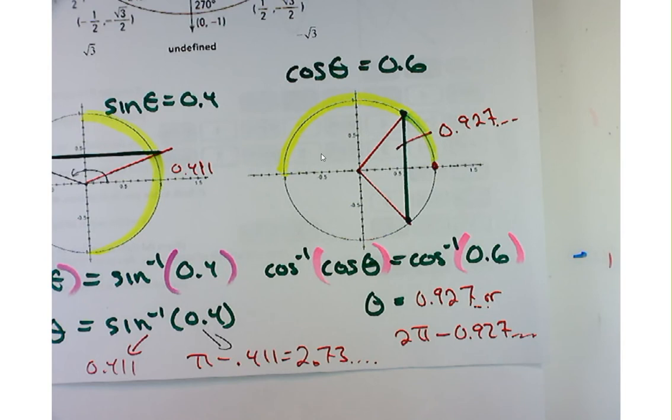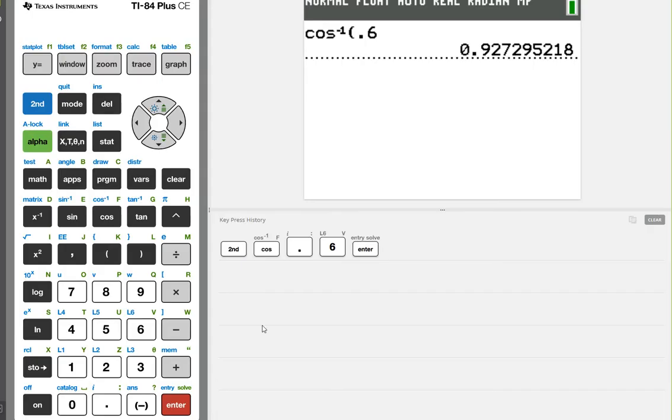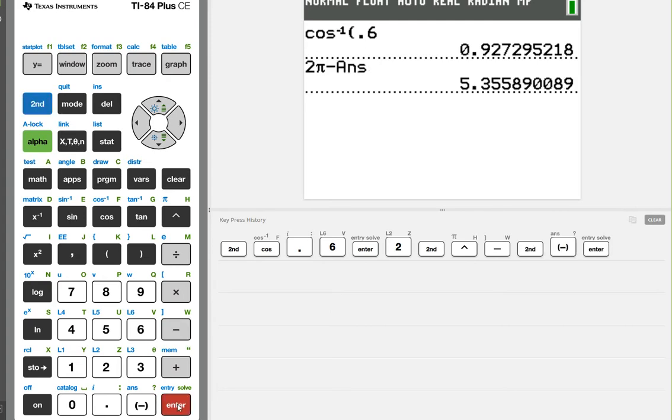I think for the homework, you're probably going to end up putting in the decimal. So what you could do is type in 2 pi minus your previous answer. For me, the easiest thing to do is hit the second key, then the opposite key, and there you go.